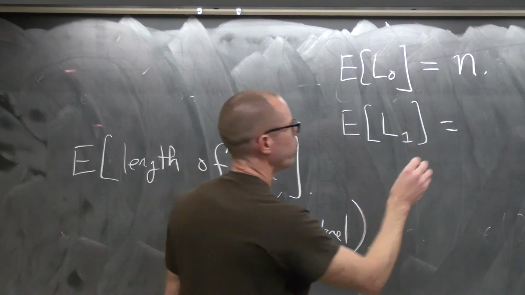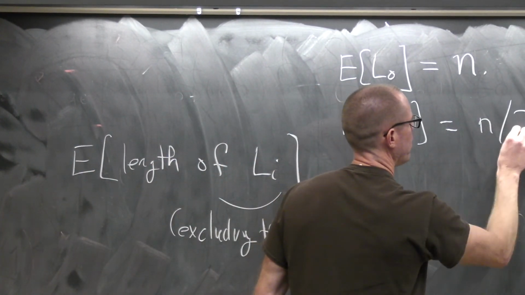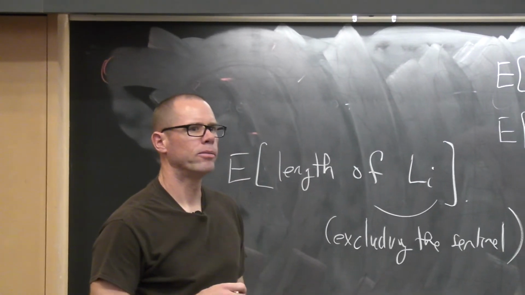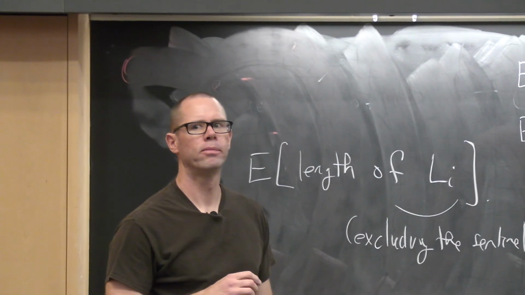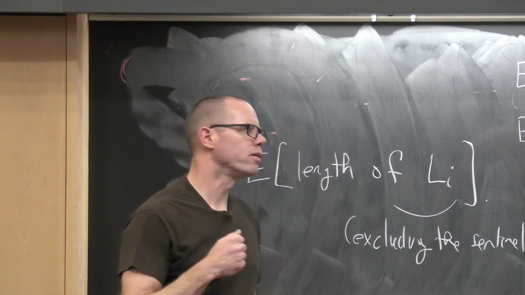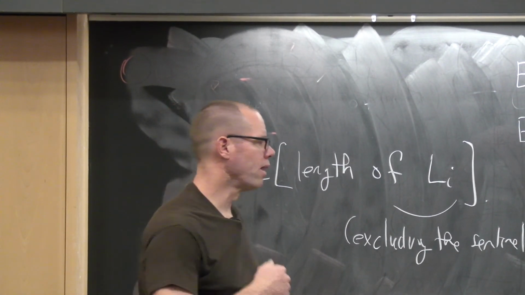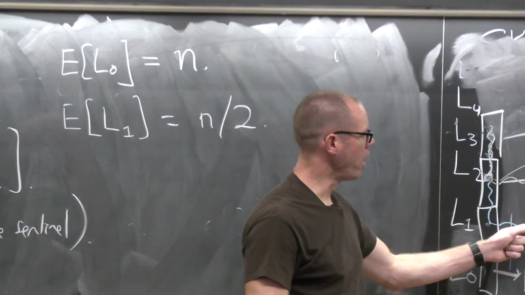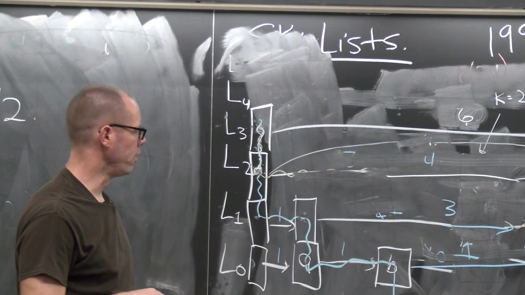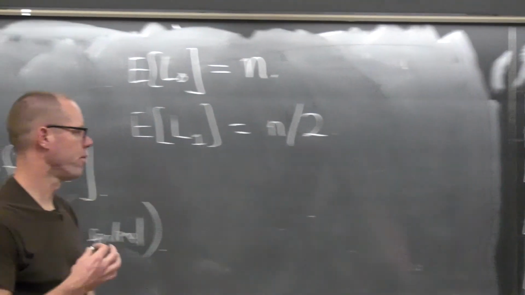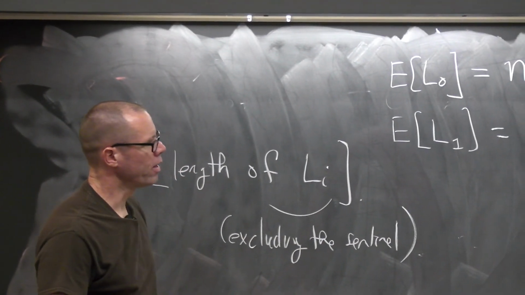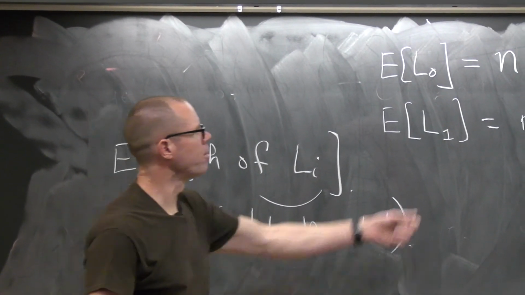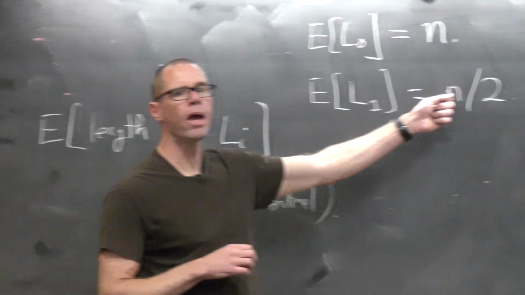N over 2. And why is that? Yeah, so somehow each element in L0 appears in L1 with probability 1/2. And so if we add those up, we expect that there's n elements in L0, we expect that to work out to n over 2.